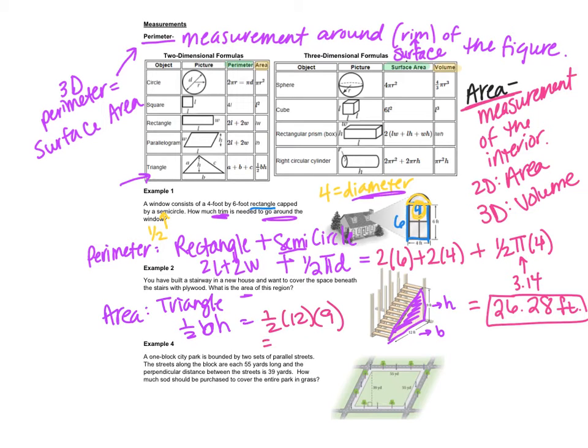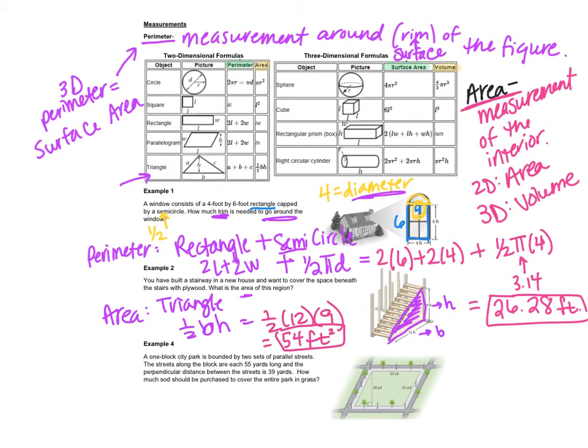So I would get 54, and this would be feet squared. So for area, we're going to square those units. All right. Hopefully we're getting the hang of these. Let's look at the next one here. Oh, I went from example 2 to 4. Sorry about that, a little typo.